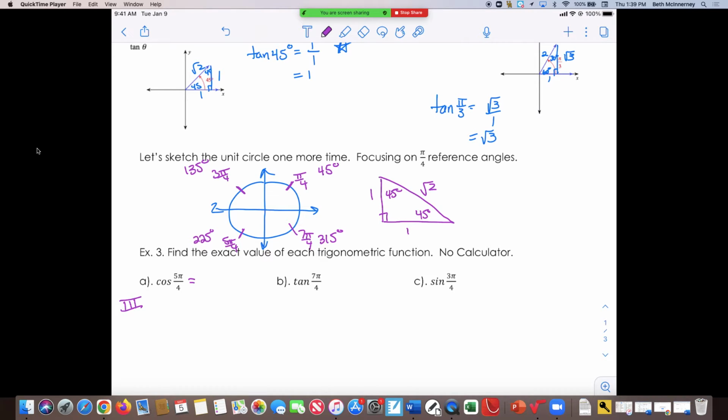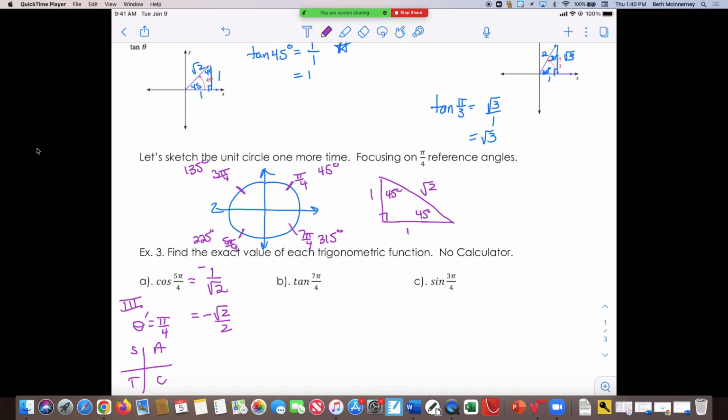So I recognize what quadrant I'm in. My reference angle is 45, or pi over 4. All students take calculus. Cosine is 1 over square root 2, and it's negative. And I can tidy that one up.